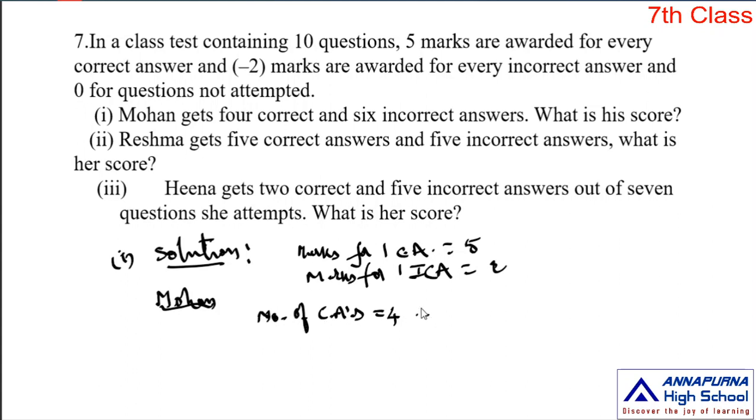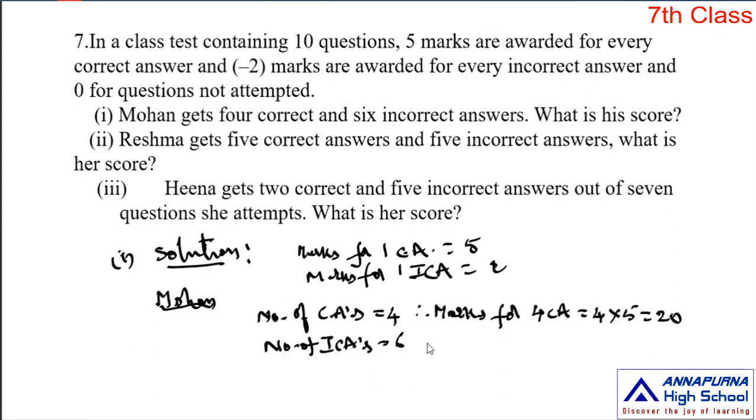Therefore, find the marks for correct answers. Marks for 4 correct answers is equal to 4 into, what is the mark for a correct answer? 5. Therefore 4 fives are 20. Marks for correct answers is equal to 20. Now number of incorrect answers. He got 6 incorrect answers.